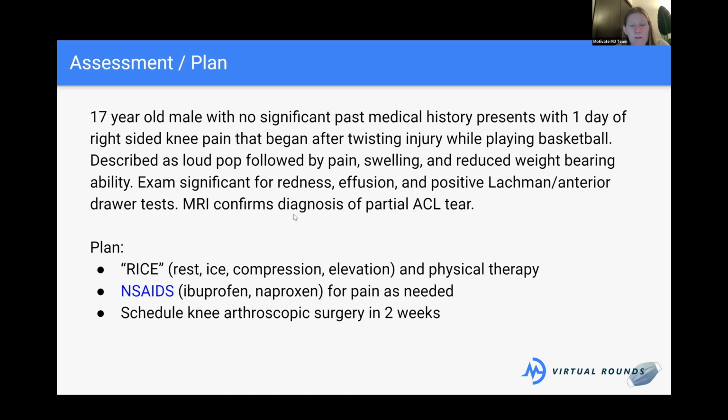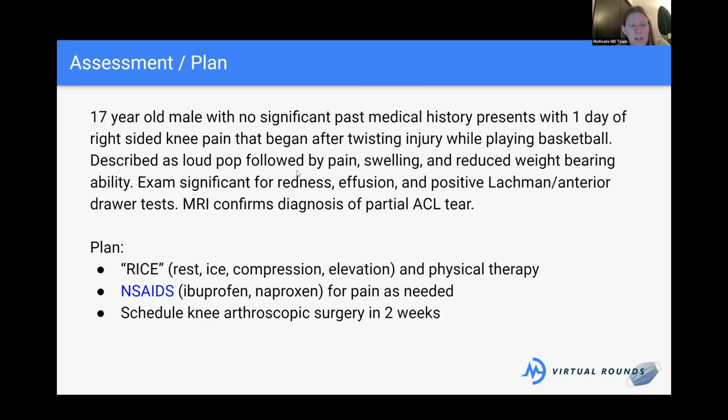Then MRI confirmed the diagnosis of a partial ACL tear. Our assessment is summarizing everything relevant from the history and exam, and the confirmation of the diagnosis, so that we have the final diagnosis and why we support this hypothesis.